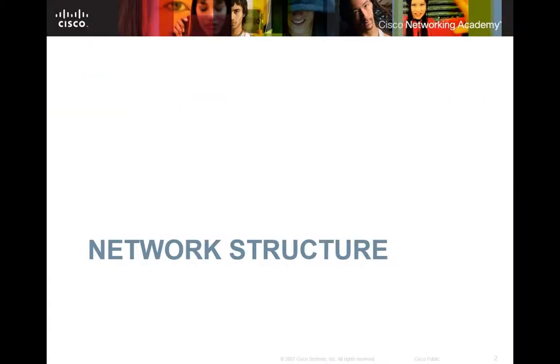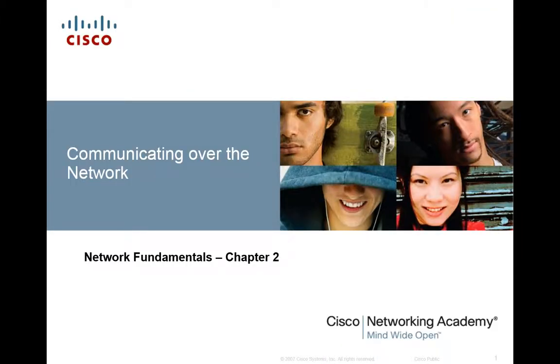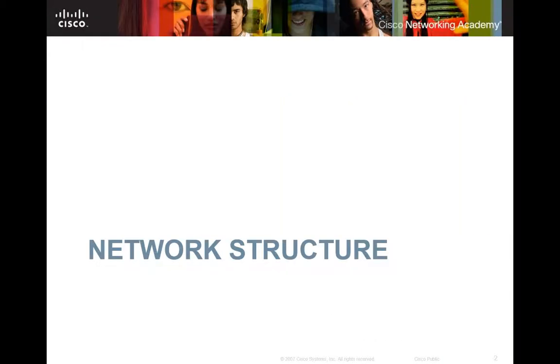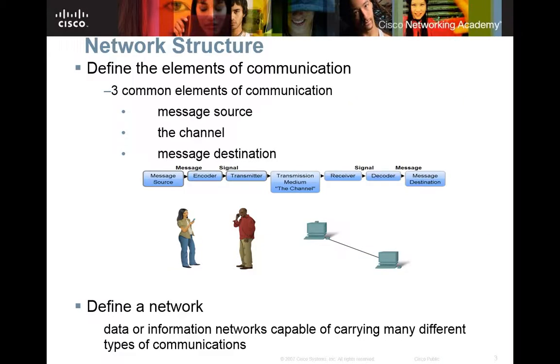All right. We're going to start talking about chapter 2 and the network structure. There are three different elements of the network structure. You have the source, a destination, and the channel. Your source is what starts the conversation.